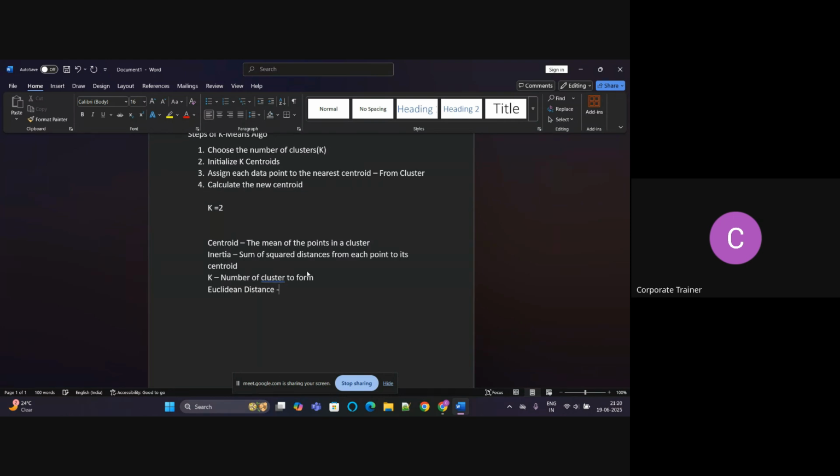It is basically the most commonly used measure, and sometimes you can refer to it. It tells how close a point is to the centroid. Like how we can tell how close a point is to a centroid. So this is the thing.